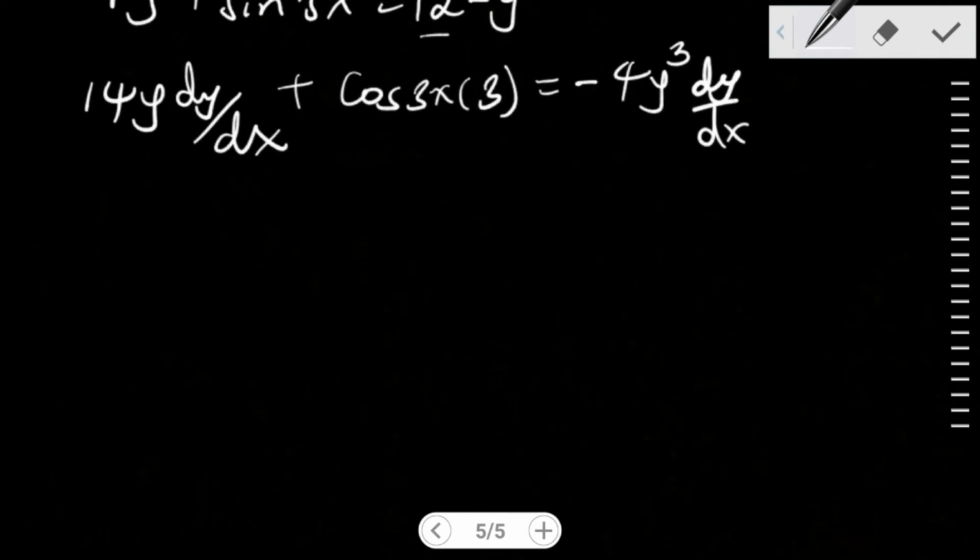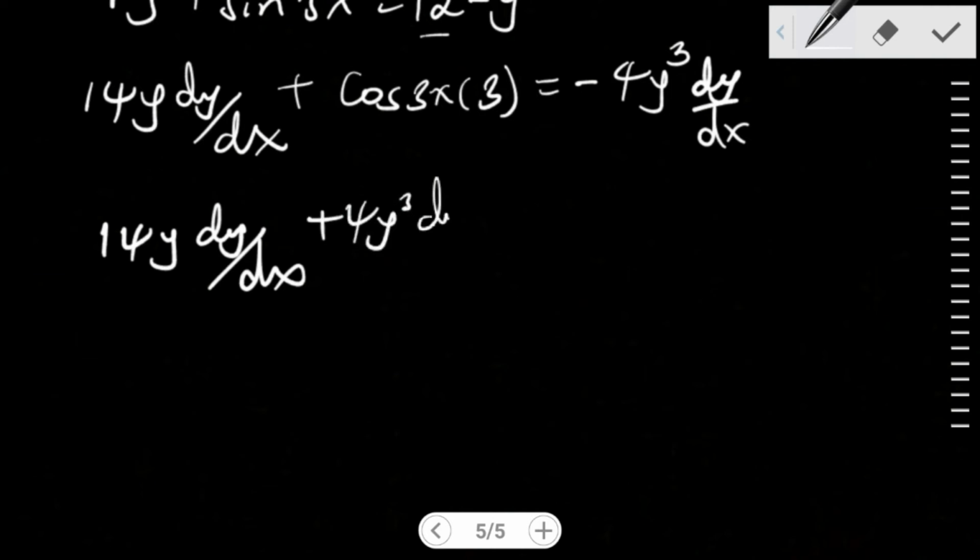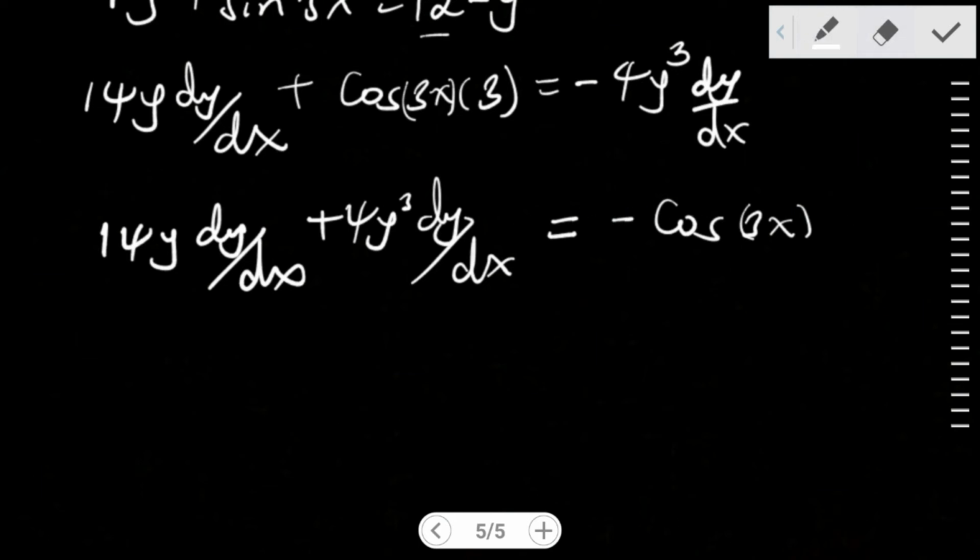So let's bring this side and take this to the other side. So 14y dy/dx plus 4y cubed dy/dx would be equal to negative cos 3x, but it's being multiplied by a 3, so negative 3 cos 3x.